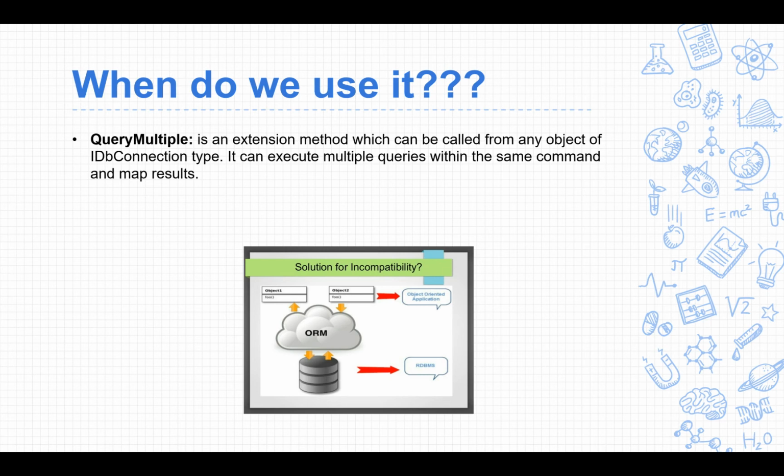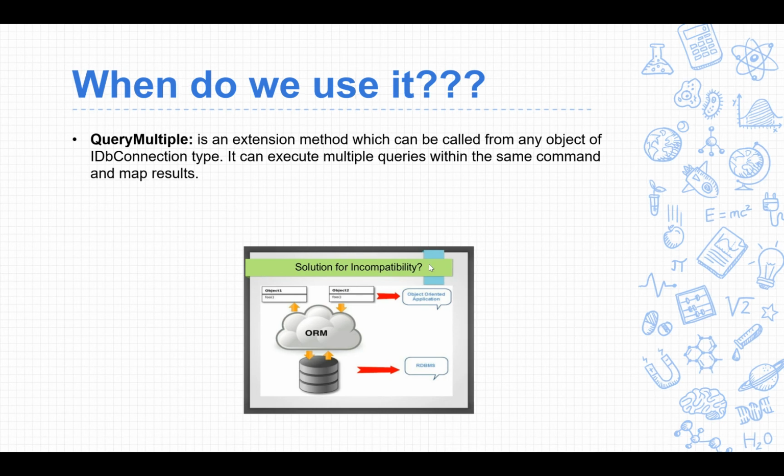The key thing here is that SQL works much better when you operate on whole sets of data at once. And Dapper comes to our rescue with QueryMultiple, which helps you execute multiple queries within a single query.